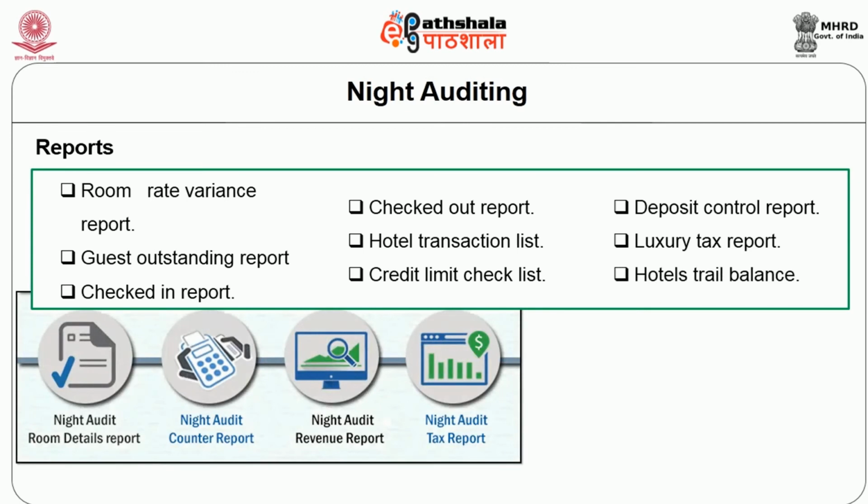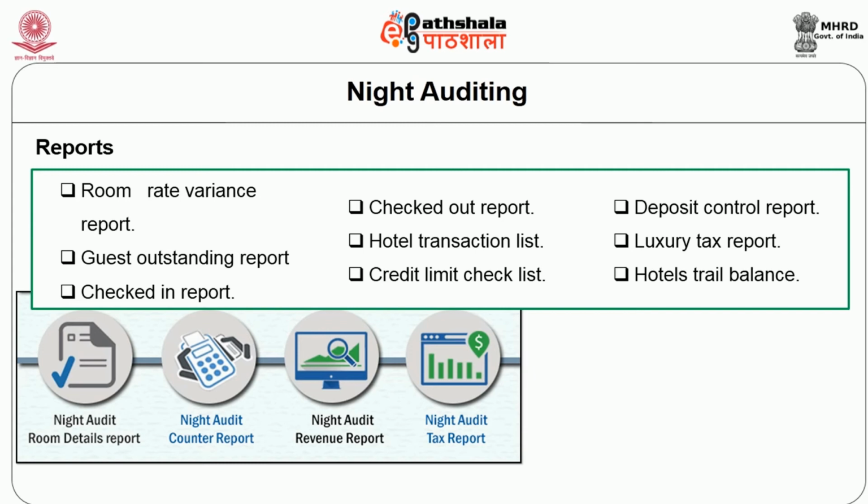Now the room rate variance report. Here any change in the room rate should be recorded, because during night auditing if anything changes, it should be recorded, known to the other staff and reported. So in the room rate variance report, any change in the room rate or tariff is recorded.